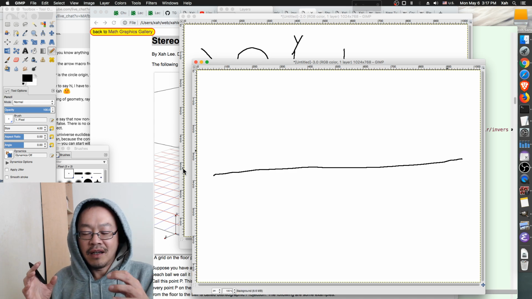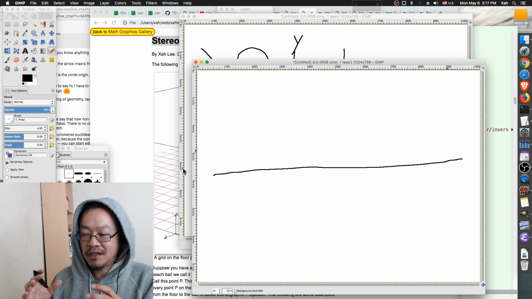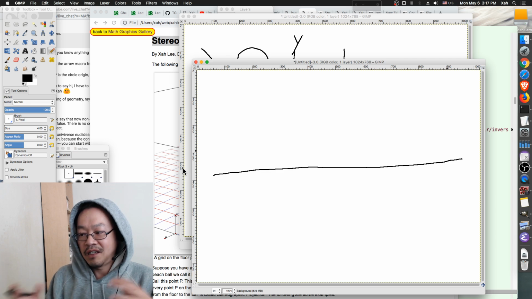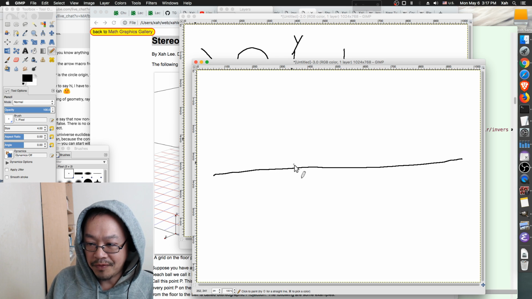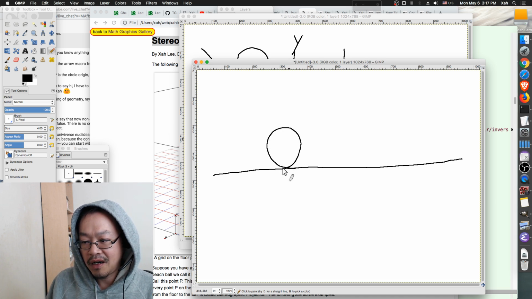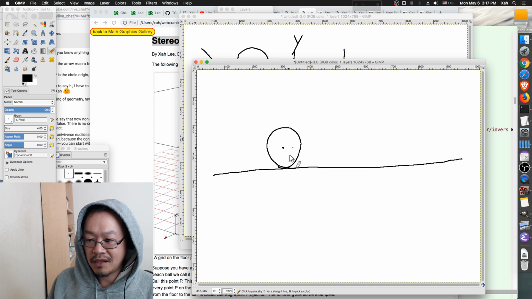That is why you see similar properties, such as lines becoming circles or lines, and circles becoming circles or lines. So imagine this is a circle. Okay, I'm not doing a good job. So this is a circle, and we are doing stereographic projection.